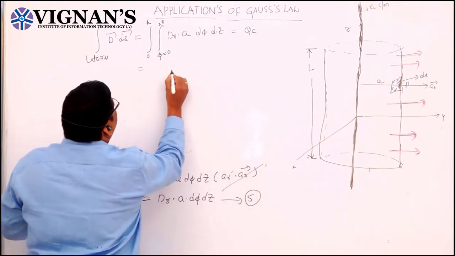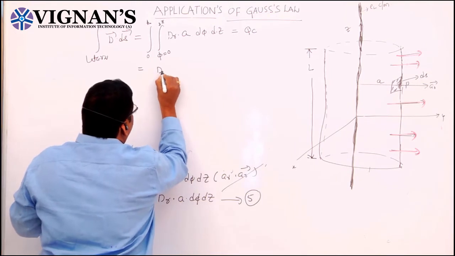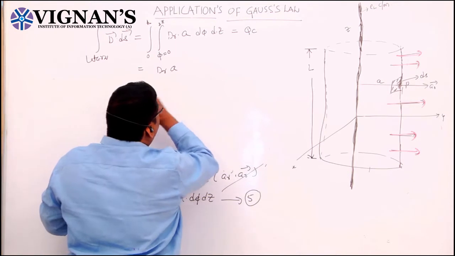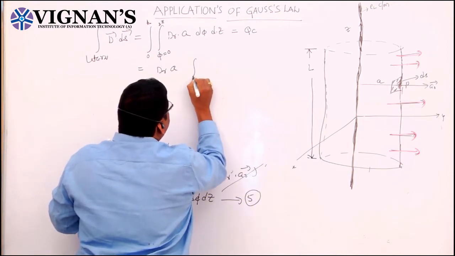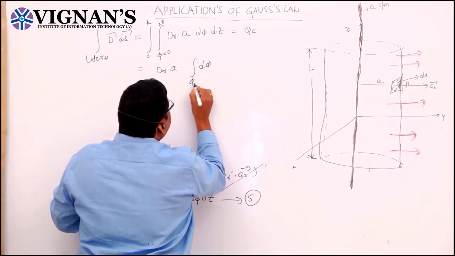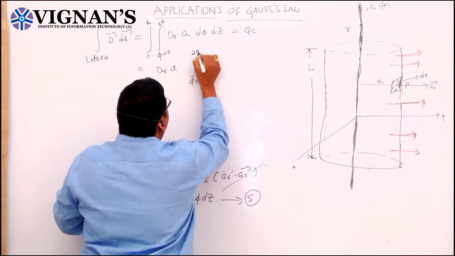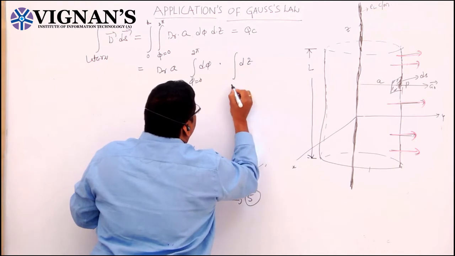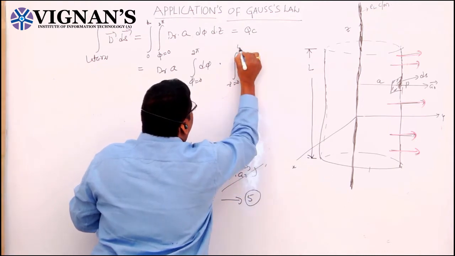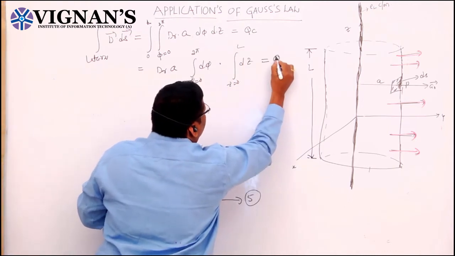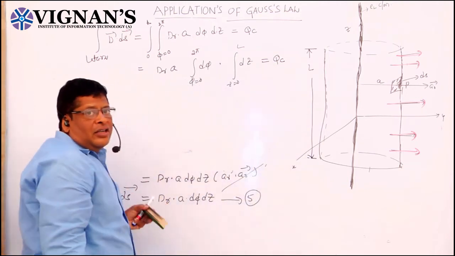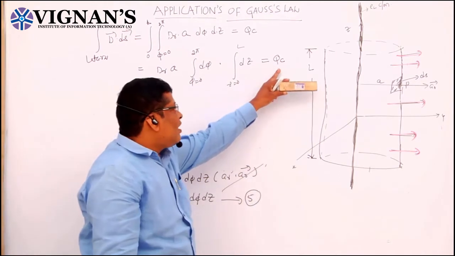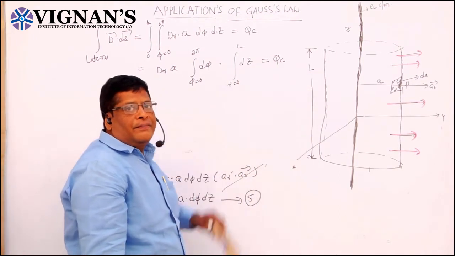This is equal to Dρ, which is constant, so take it outside. The integral of dφ, where φ is changing from 0 to 2π, times the integral of dz, where z is changing from 0 to L, is equal to the charge enclosed by the Gaussian surface, Qc.